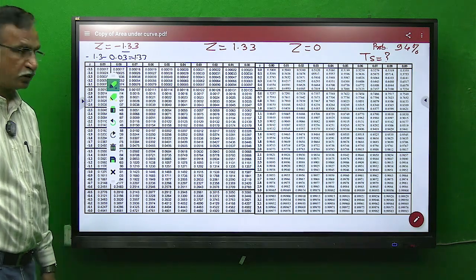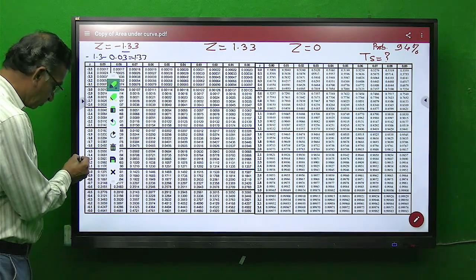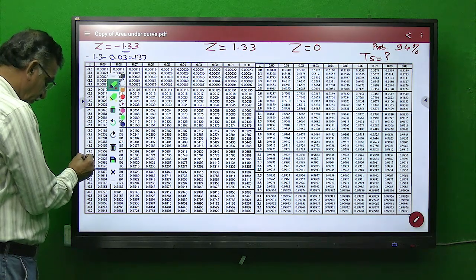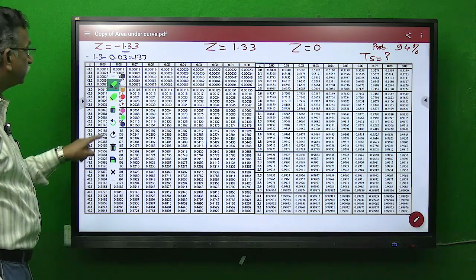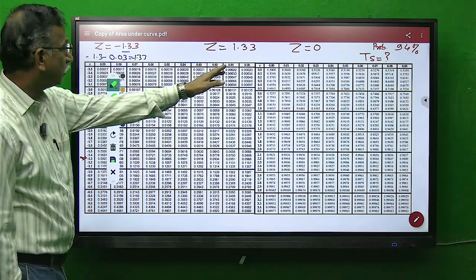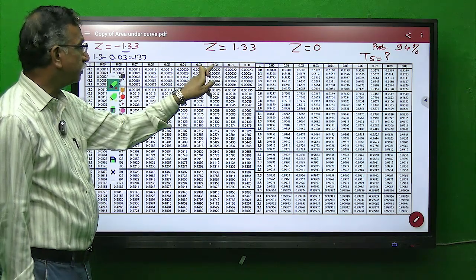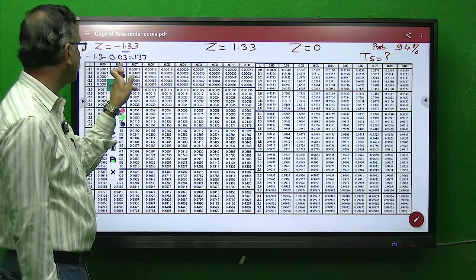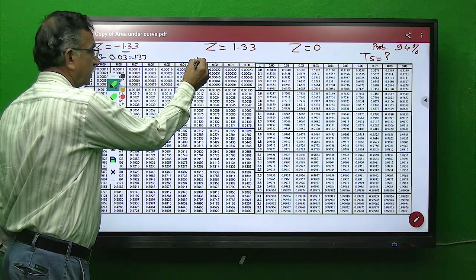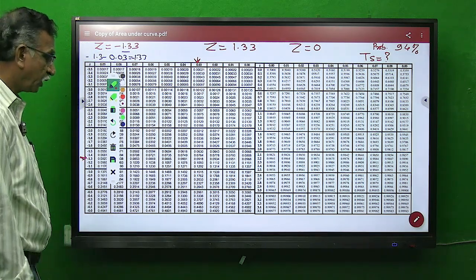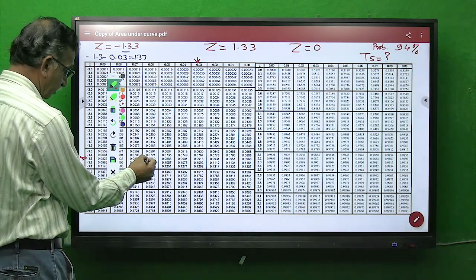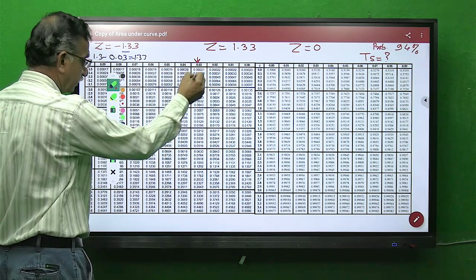Pay your attention now. Now focus your attention on this row minus 1.3. I am marking this with red color, minus 1.3, this row. So minus 1.3, and what is additional? 0.03. So I have columns 0.00, 0.01, 0.02, 0.03, 0.04 up to 0.09. I need column of 0.03. So this is the column of interest. Now what I have explained in my last lecture, you have to find the value of intersection of this row and corresponding column.